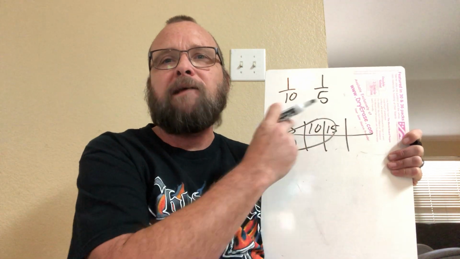So we have the multiples of 5 are 10, 15, and I would keep going if need be. But if I look at it, already I can see that my least common multiple is 10. Because 10 is the first number that shows up as a multiple of both of these.